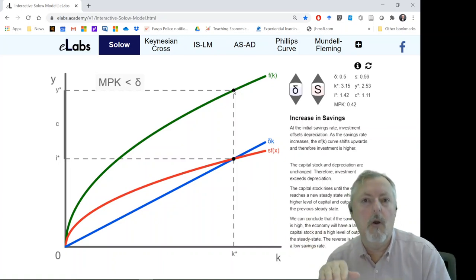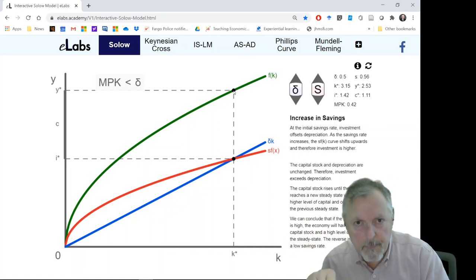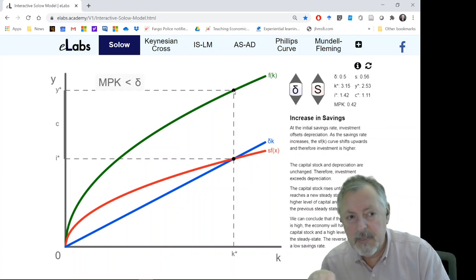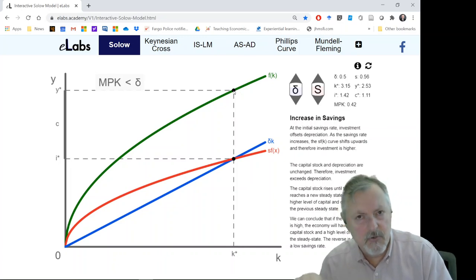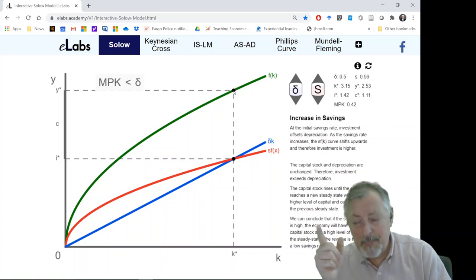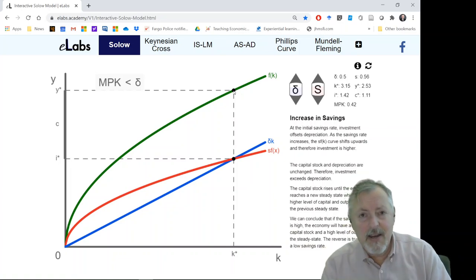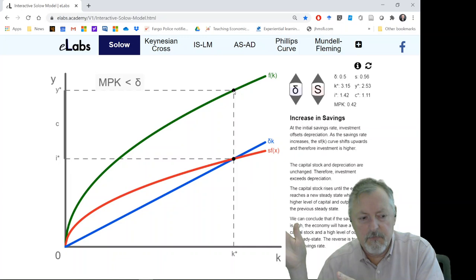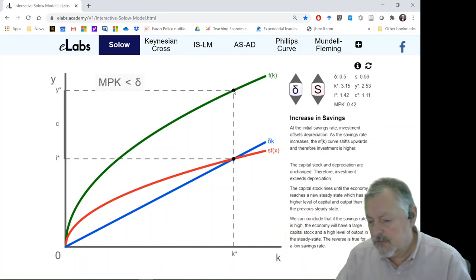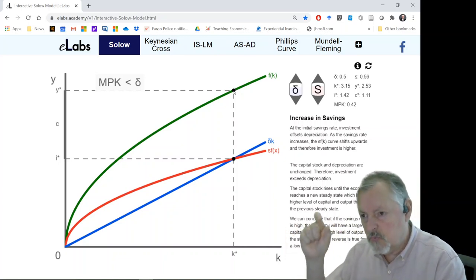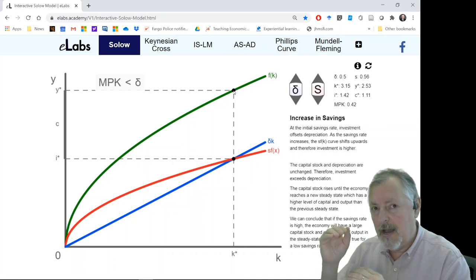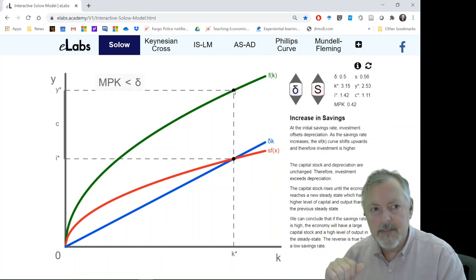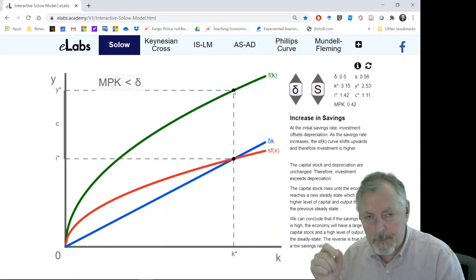Your economy will grow and then stop growing when it reaches the steady state. You will not have any further increases in the standard of living, but you'll have to keep saving at the higher rate forever. So increasing the savings rate bumps you up to a higher standard of living, but it's a one-time deal. It doesn't increase the rate of growth permanently.